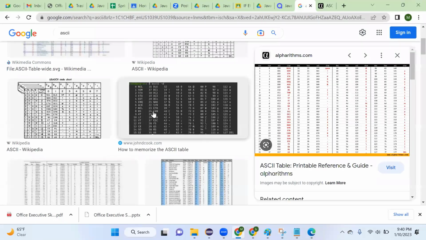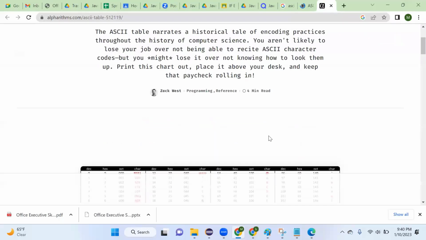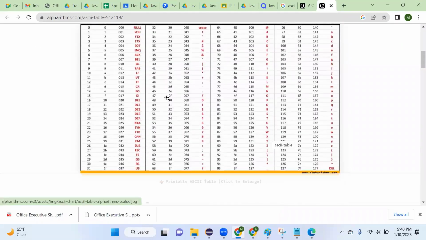These are the ASCII numbers. You see here.